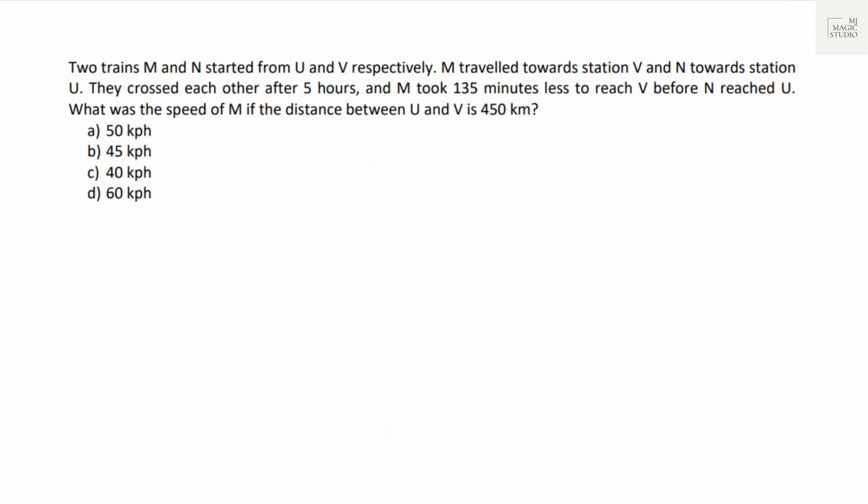Let's give this one a try. Two trains M and N started from U and V respectively. So this is station U and this is station V. M travels towards V and N travels towards U. They crossed each other after 5 hours.